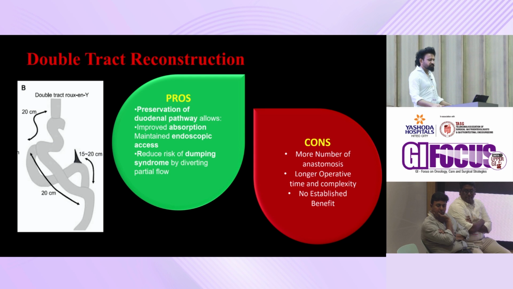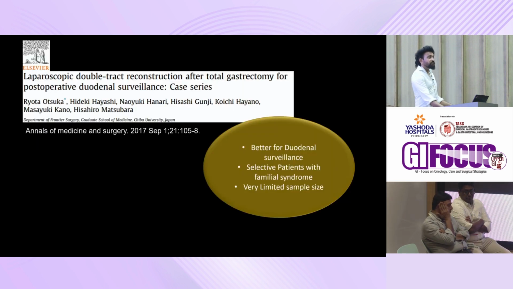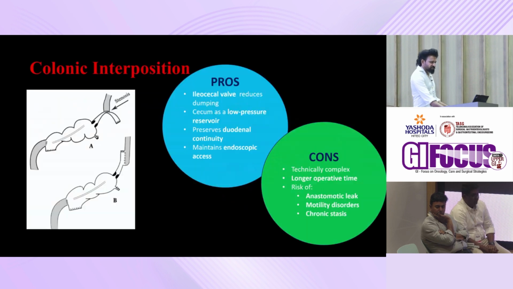But the anastomosis suturing length will be more and the operative time longer, and there is no established better outcome. In this study, they could recruit only 4 patients, which showed better duodenal surveillance if you have a familial syndrome to access the polyps. Very limited sample size, only 4 cases are included.